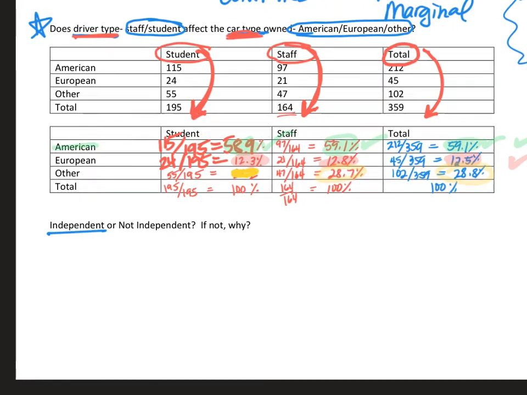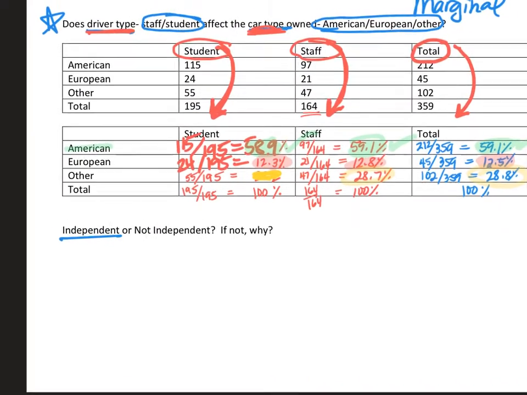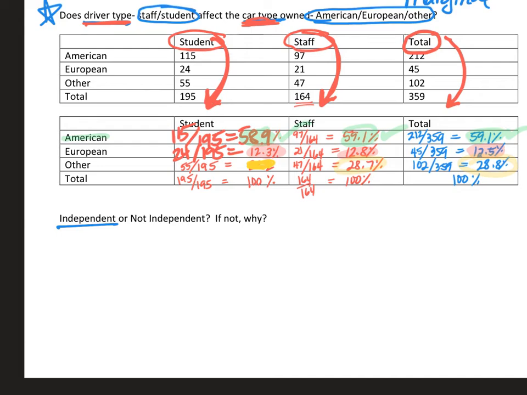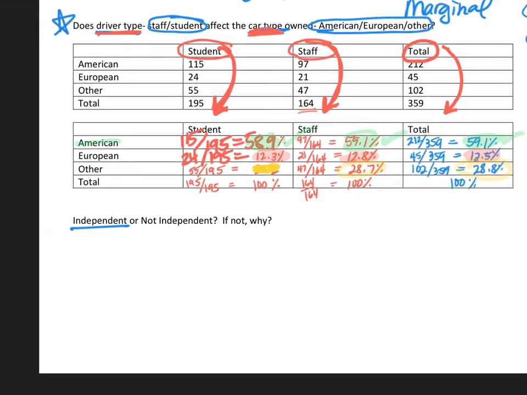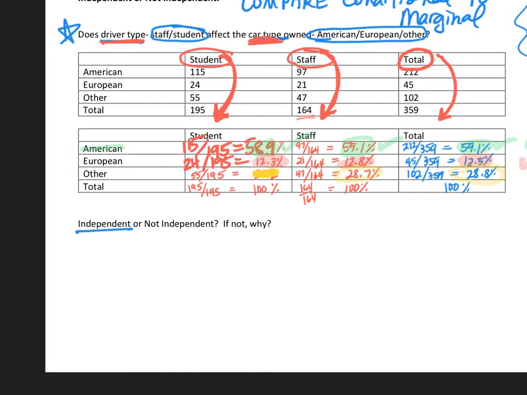So let me have us learn how to form a proper conclusion to make sure it includes everything we want to include. So here I say, are the type of driver and car type independent? And so I see all these things are the same. The rate has not changed. So I say, yes, they are independent.